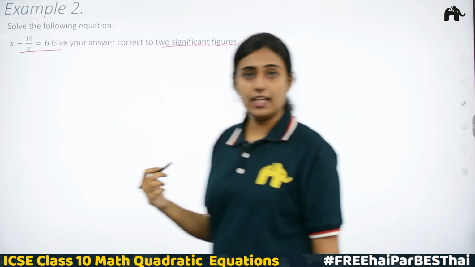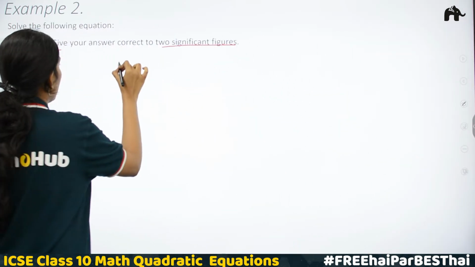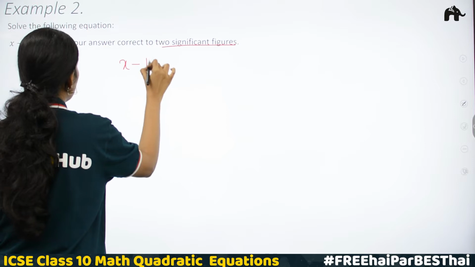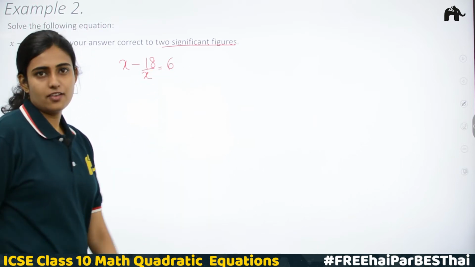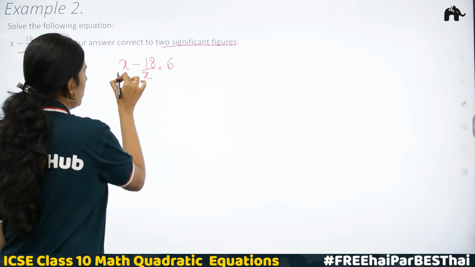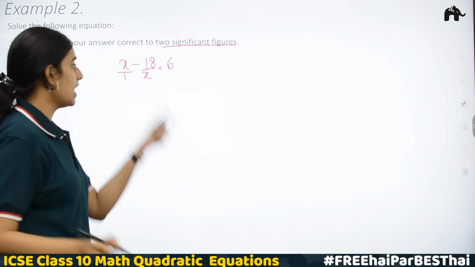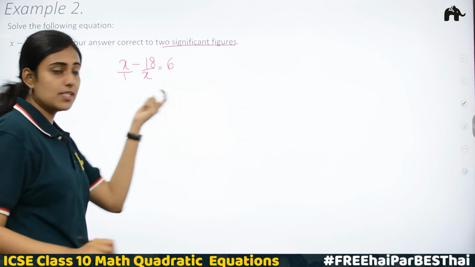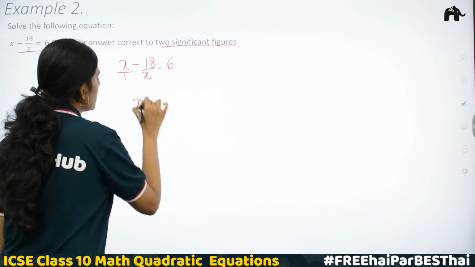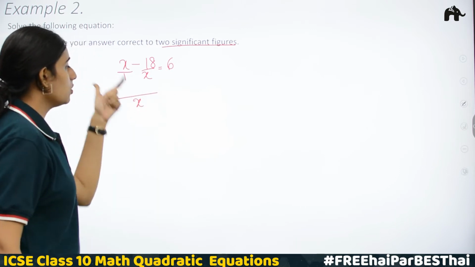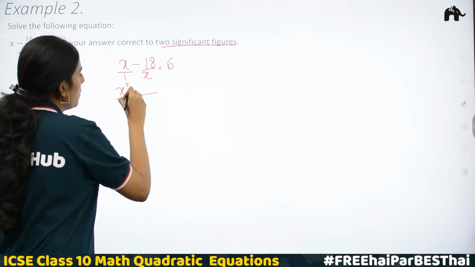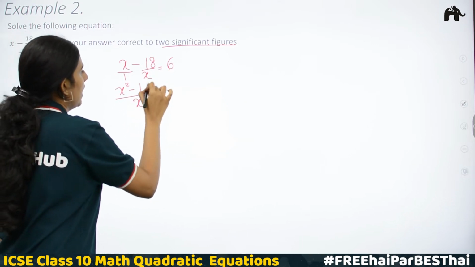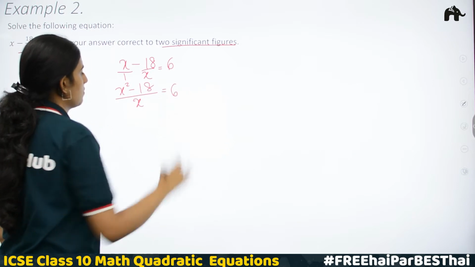Okay, take the equation. x minus 18 by x is equal to 6. We have to take the LCM. In the denominator here we have 1 and x. The LCM is x. So, the denominator is x. What about the numerator? x into x, x square minus 18 into 1, 18, is equal to 6.